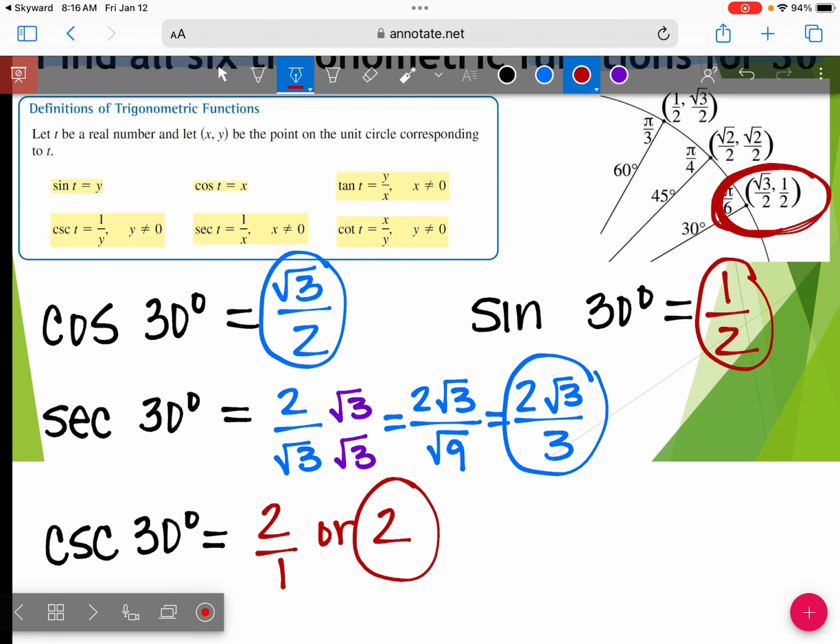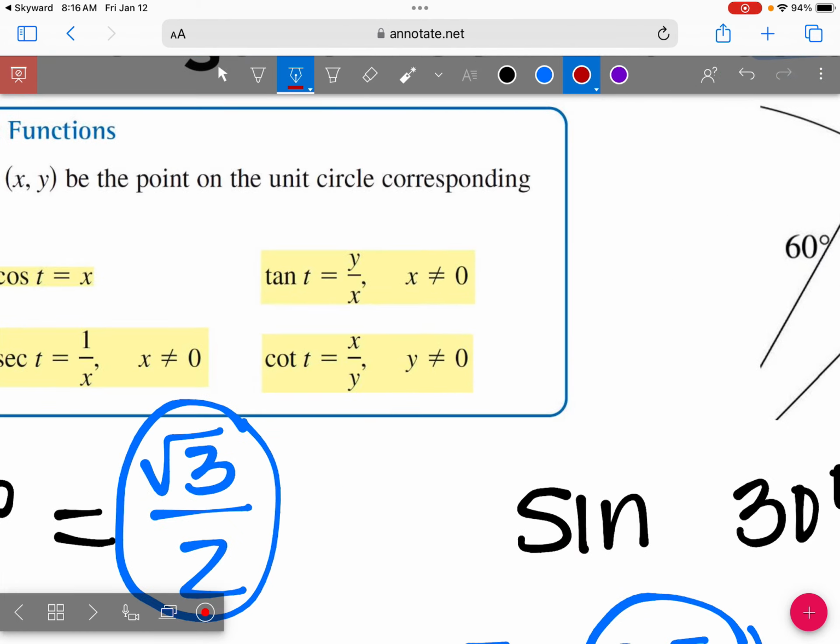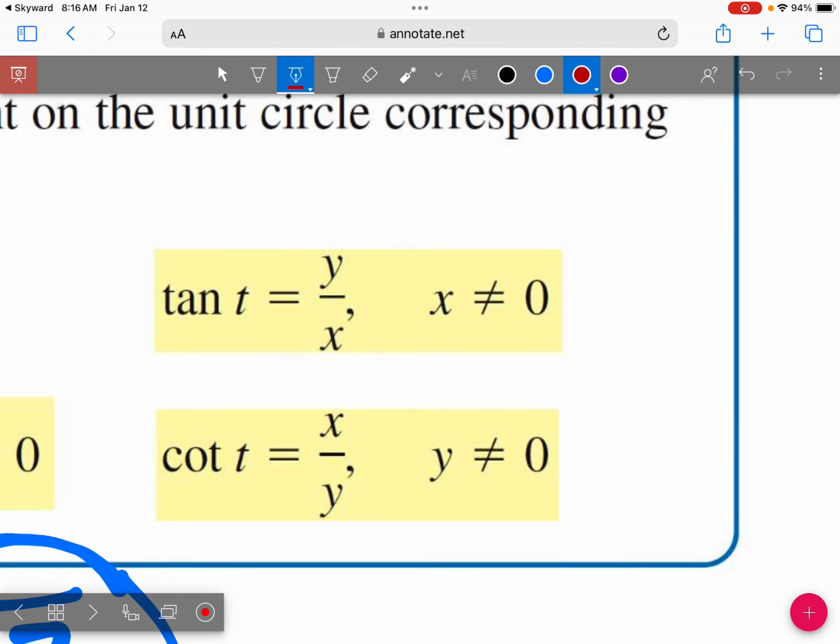So the easiest 2 to find are sine and cosine. And then the second tier easiest is secant and cosecant. And the one that requires the most work are the last 2, which is tangent and cotangent. And that's because you have to divide. So let me zoom in on this box that I had you glue in. Tangent equals y divided by x.